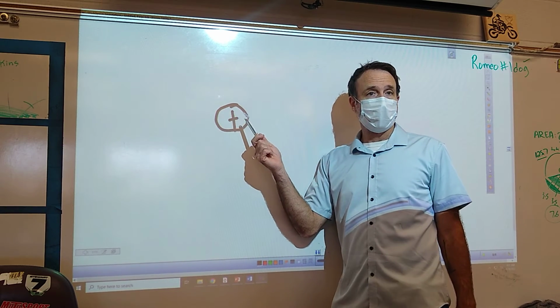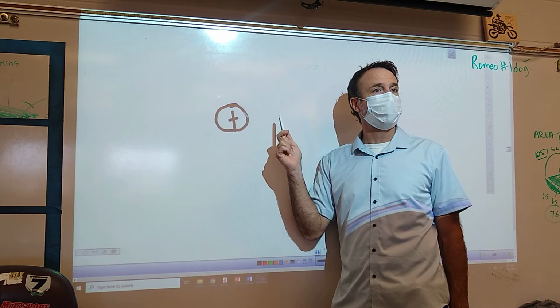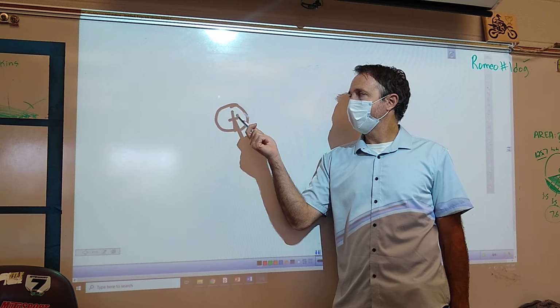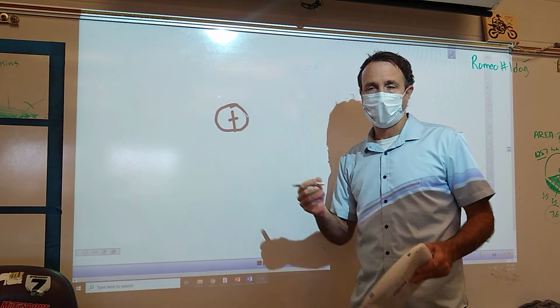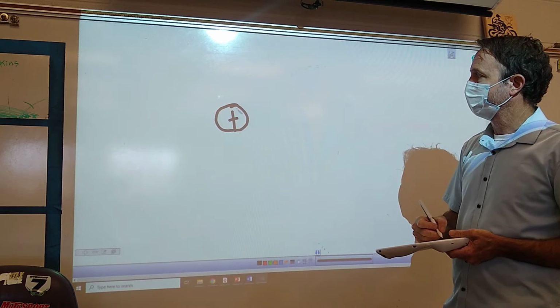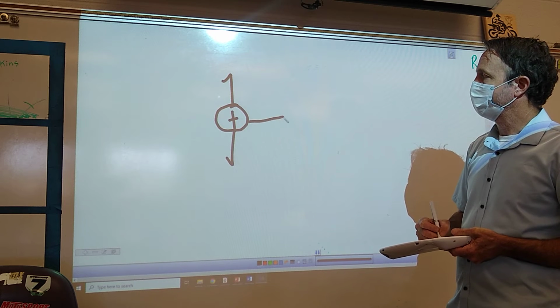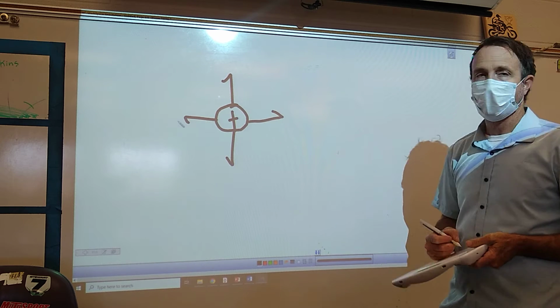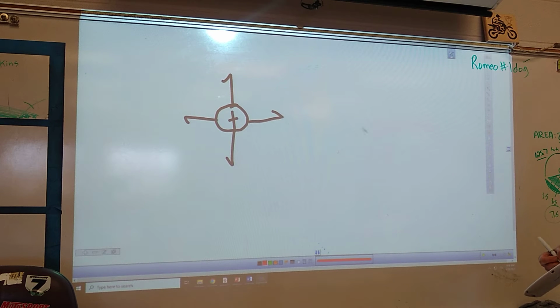We draw electric field lines in the direction that a positive charge would move. So if you had a positive charge near this positive charge, they would repel, right? So we draw electric field lines around a positive charge out, kind of like the north end of a magnet, right? We draw electric field lines around a negative charge in.